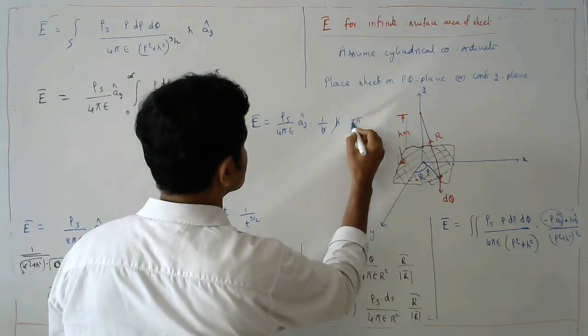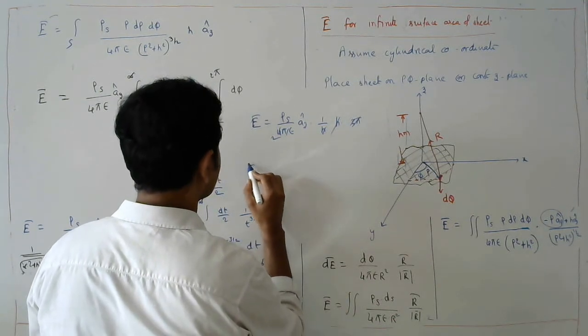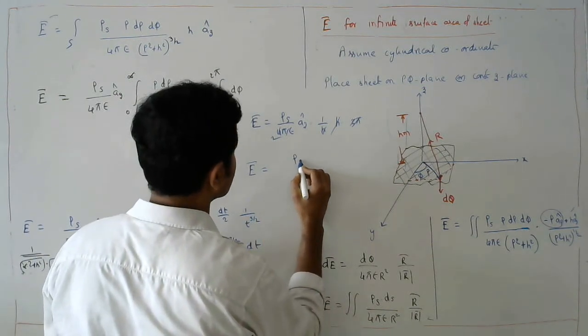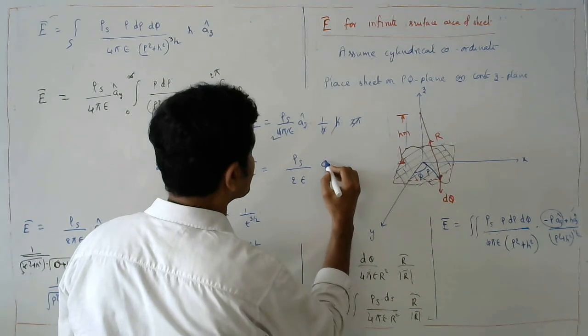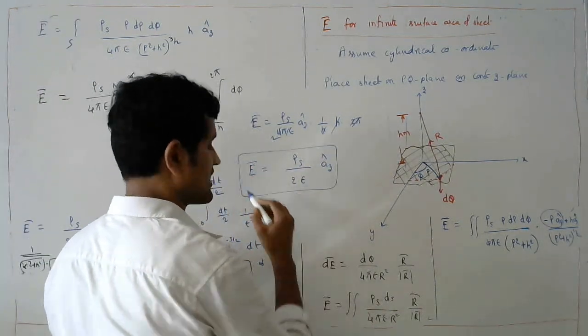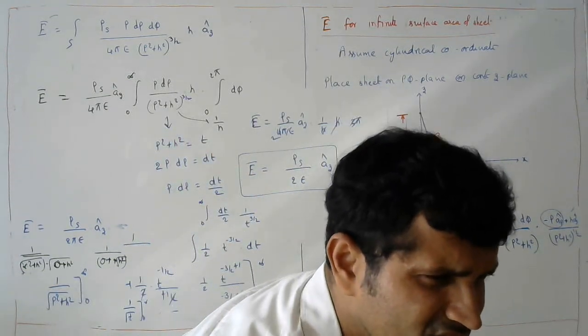The h will cancel, and the 2 and pi will cancel. So the final expression for electric field intensity for an infinite sheet of surface charge is rho s by 2 epsilon into az cap. Rho s by 2 epsilon is the expression for electric field intensity for an infinite sheet.